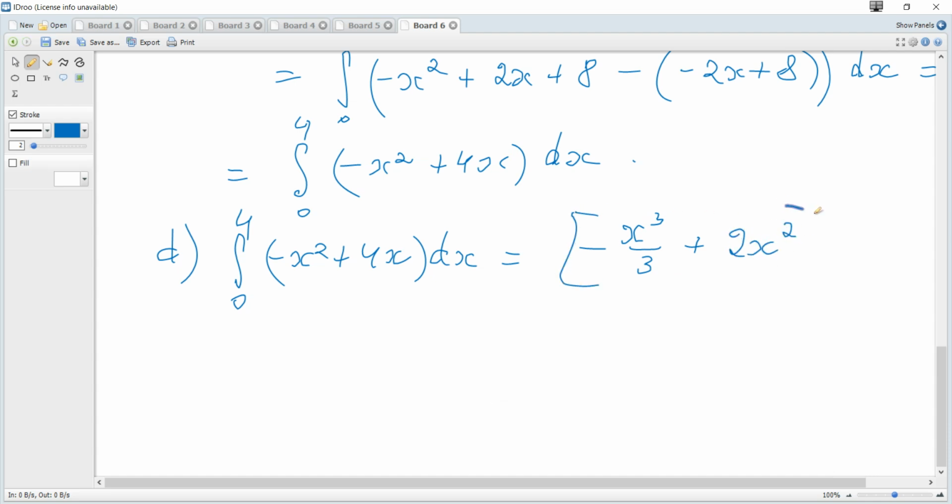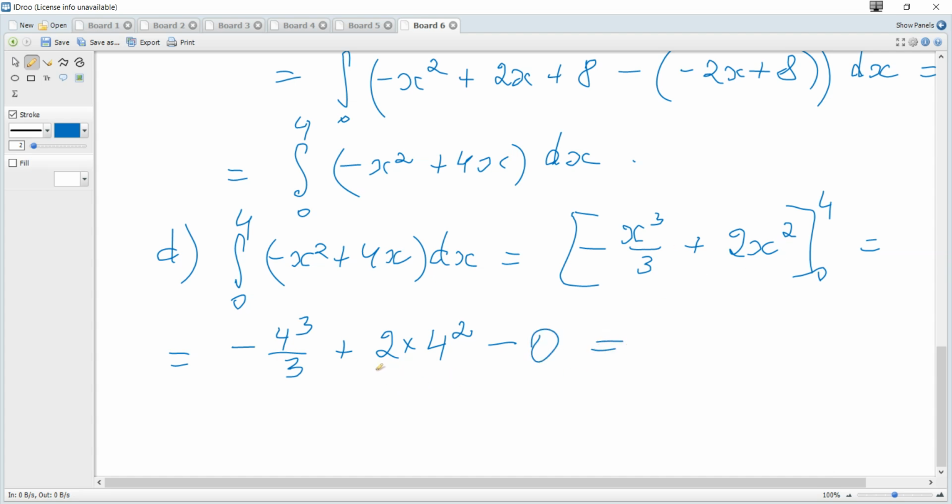with limits 0 and 4. Substituting in the upper limit, we get negative 4 cubed over 3 plus 2 times 4 squared, minus the lower limit, which is just 0.